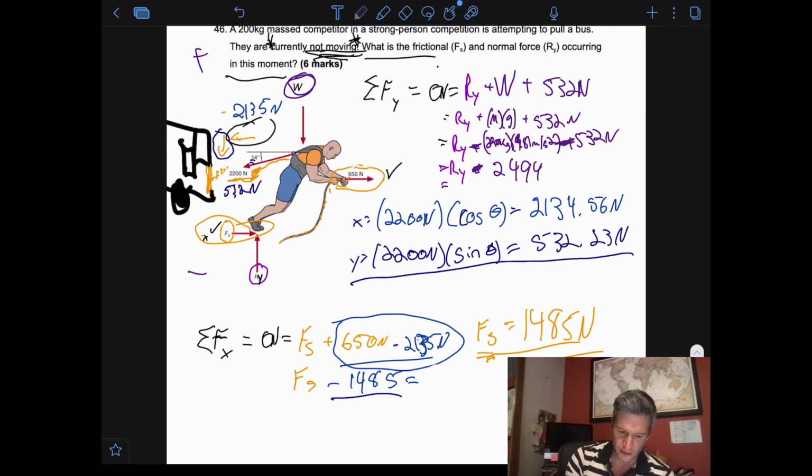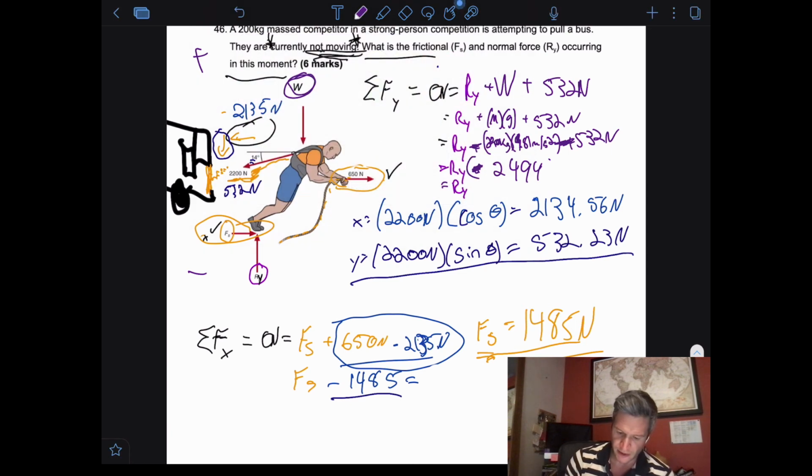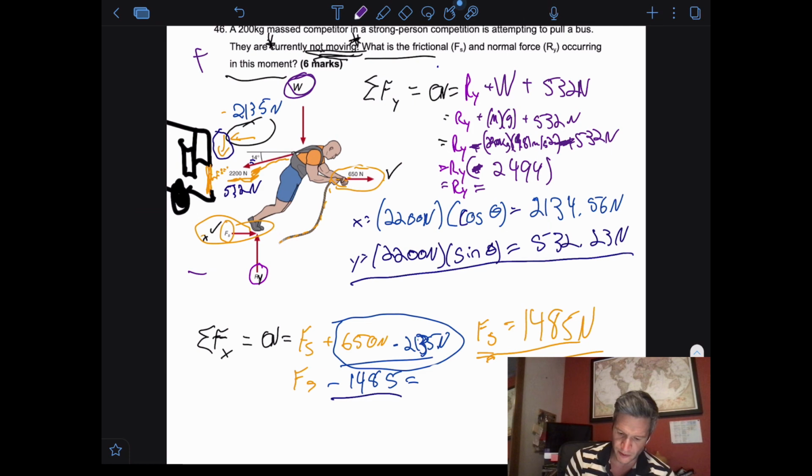So we know, leave our Ry there, and we add this amount to both sides. We can say Ry equals a positive 249.4 newtons. Okay.